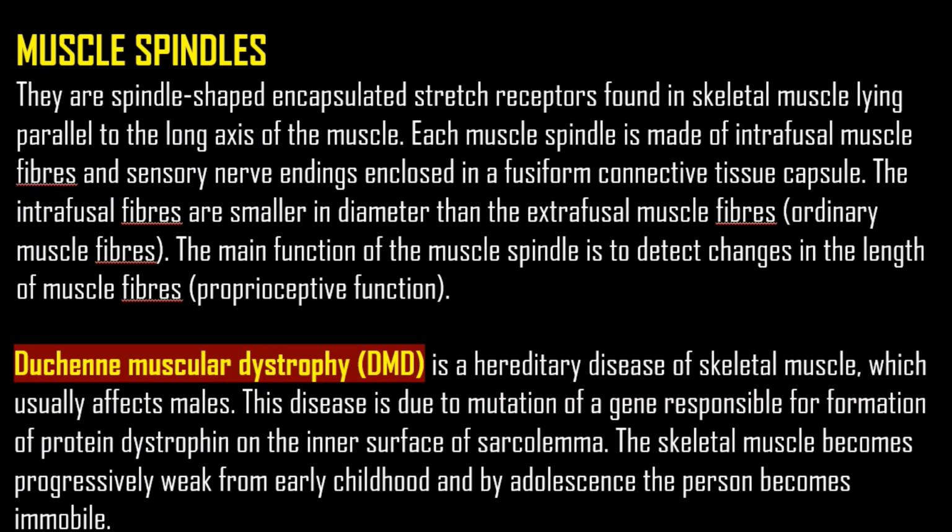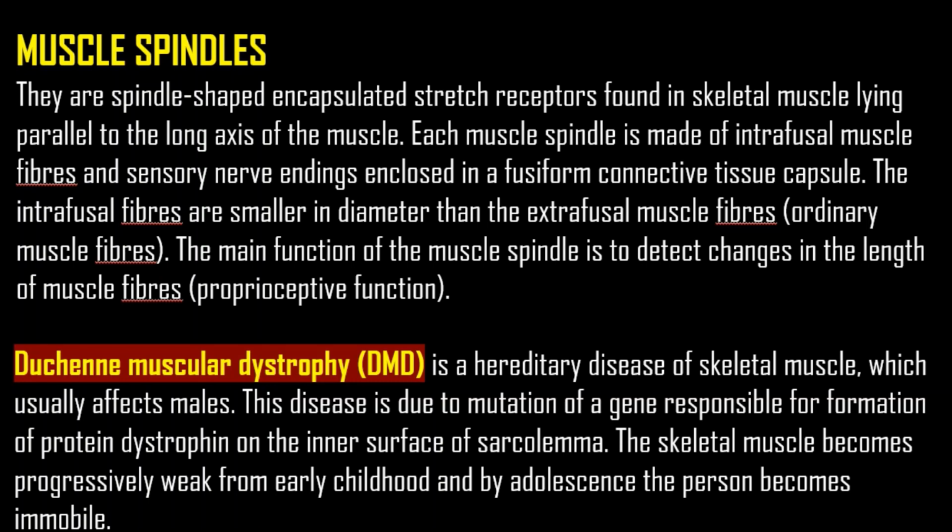The intrafusal fibers are smaller in diameter than the extrafusal muscle fibers, which are the ordinary muscle fibers. The main function of the muscle spindle is to detect changes in the length of muscle fibers, which is a proprioceptive function.